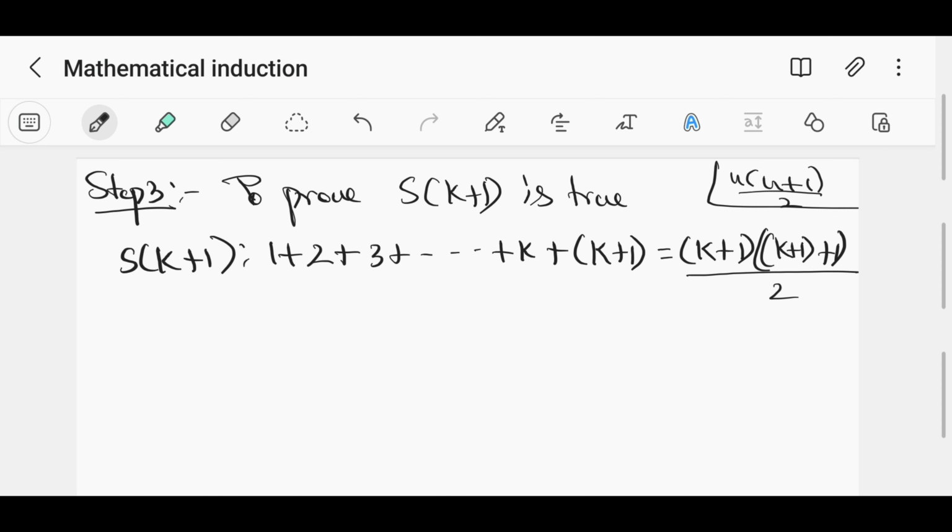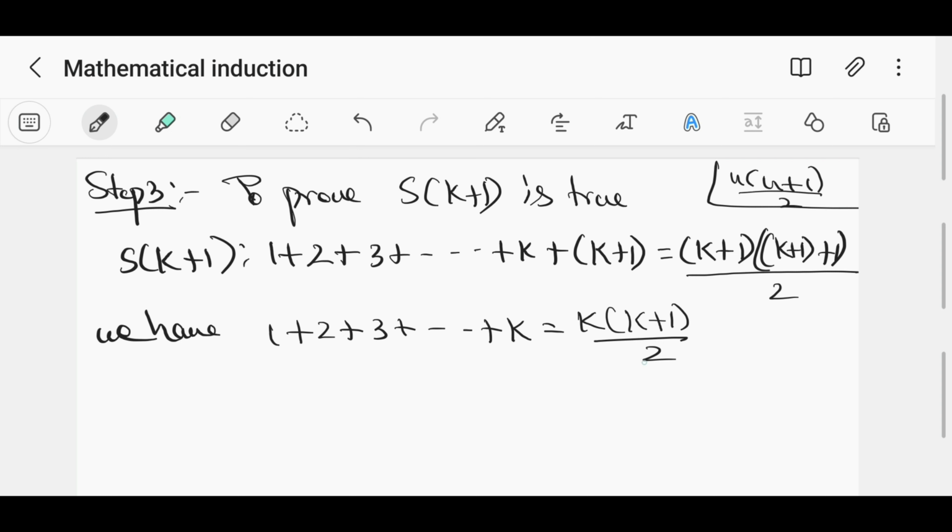Based on the assumption which we had in step 2, we will prove this. So from step 2, what do we have? We have that 1 plus 2 plus 3 plus so on plus k is equal to k into k plus 1 by 2. Now here you add k plus 1 on both sides.